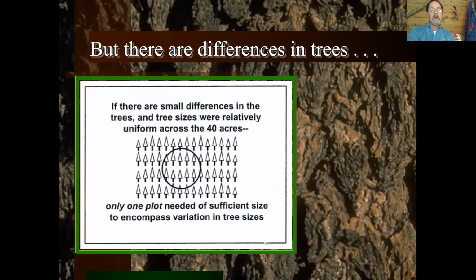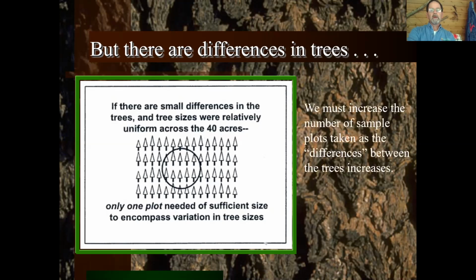And when there are only slight differences, then we don't have to take as many plots. So perhaps only one plot would be needed of sufficient size to encompass variation if there's only slight differences in the trees. But we must increase the number of sample plots as these differences between the trees also increase.